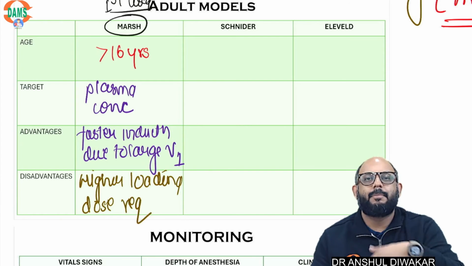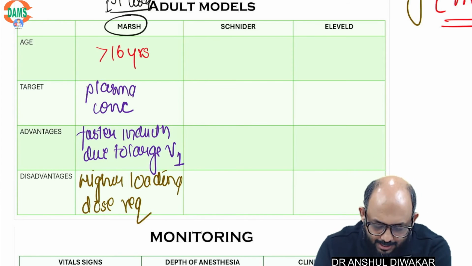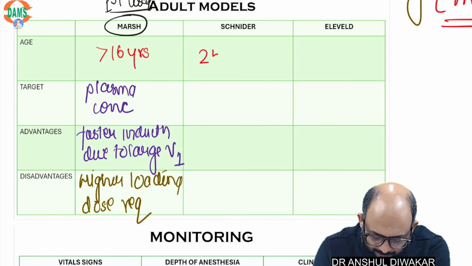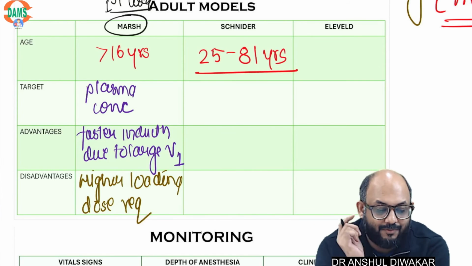Schneider was a better, it was an improvement over the Marsh model, and it had an age group between 25 to 81 years. इसमें large subset of population था, लेकिन minimum age और बढ़ गई, 25 years हो गई.